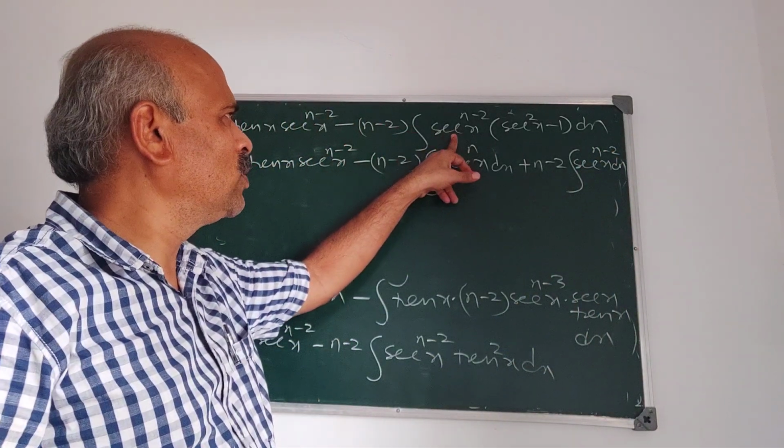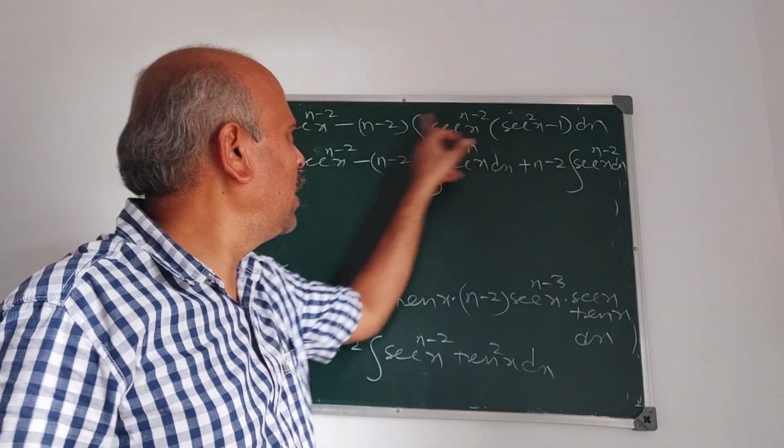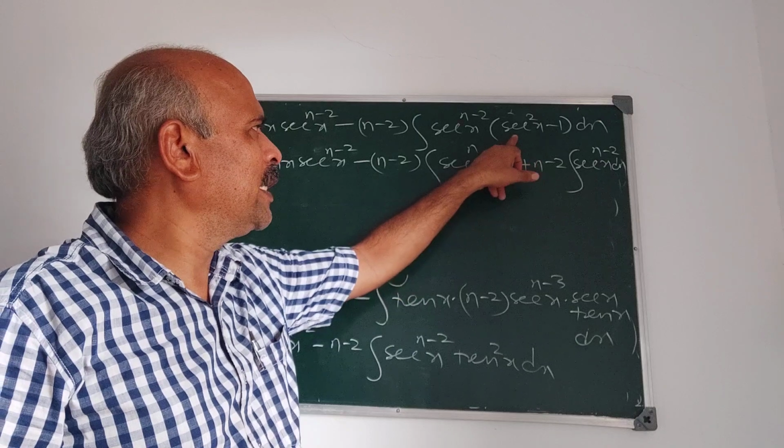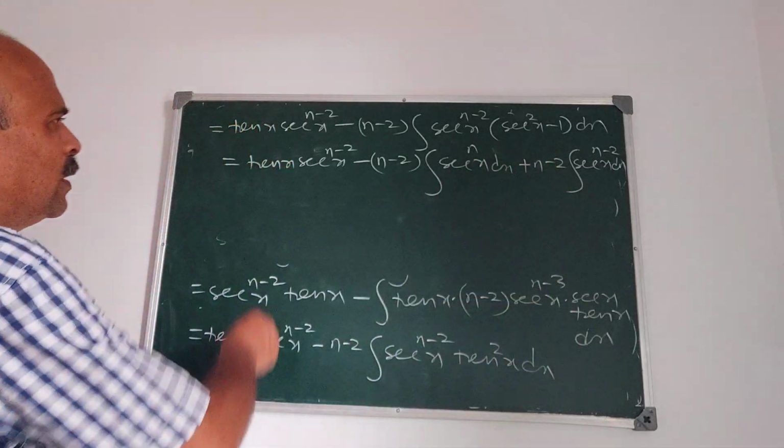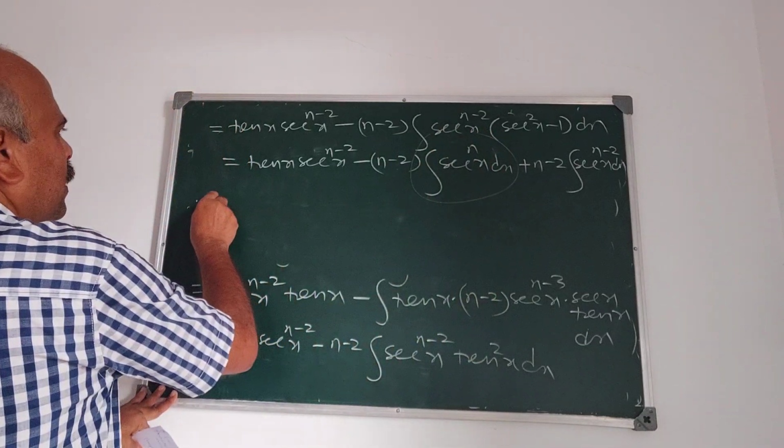Say minus n minus 2 into sec x raised to n, it becomes minus of minus plus n minus 2 secant square x dx. Therefore now we transpose this to left hand side.